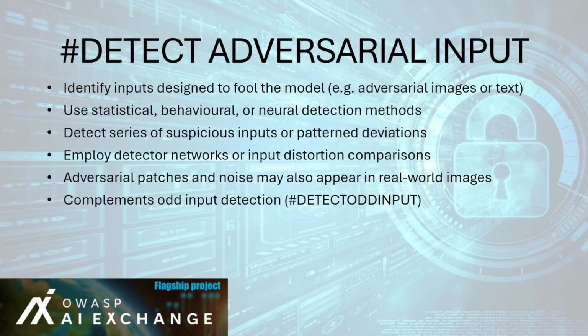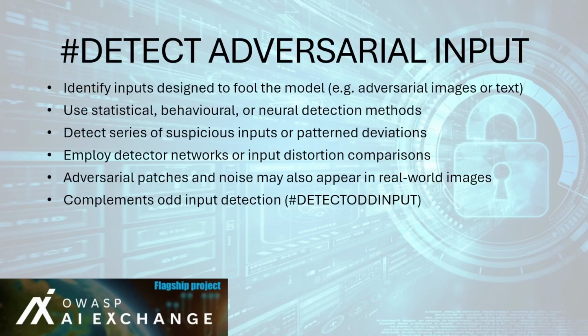1. Statistical analysis of input series. Tracks user input over time for suspicious patterns, for example, gradual changes or systematic probing, and detects attempts like model inversion or evasion via repeated small input shifts. 2. Statistical methods per input. Use algorithms like PCA, Bayesian uncertainty estimation, or SSIM, to identify anomalies in individual samples.